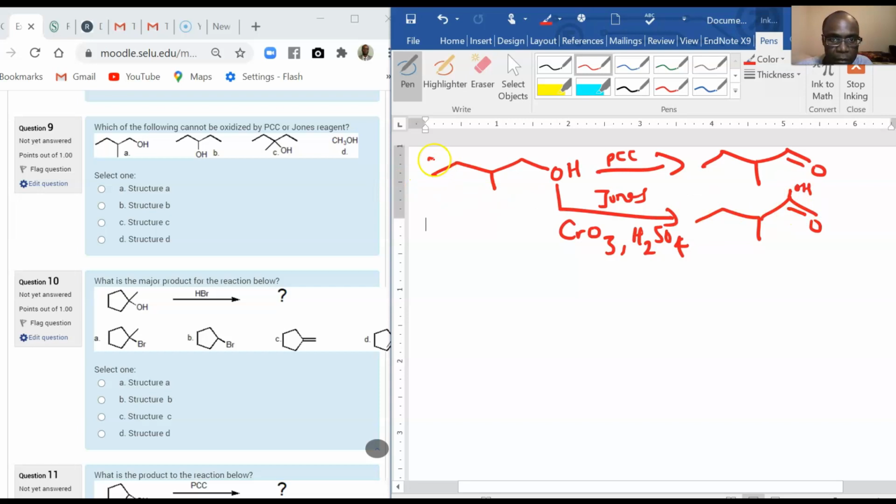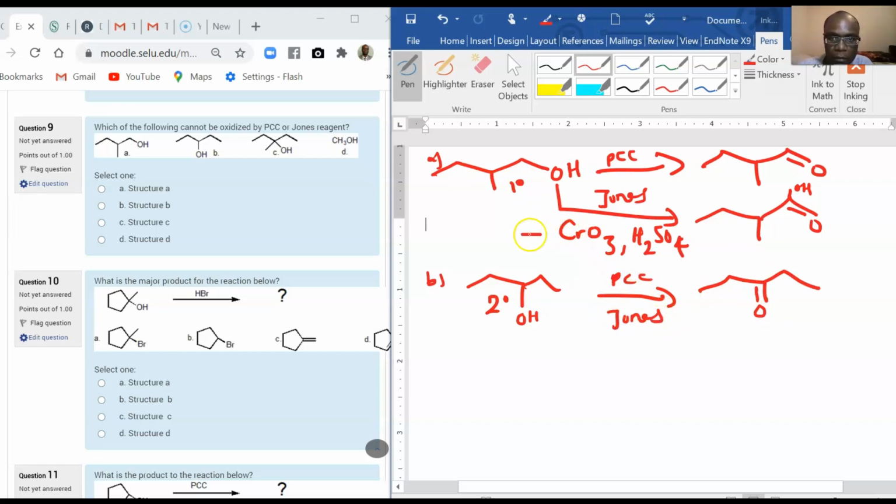So A can be oxidized by both. B can be oxidized by either PCC or Jones. Both of them will give you a ketone, because secondary alcohols are always oxidized to the ketone, whether you have PCC or Jones. So that's not the answer.